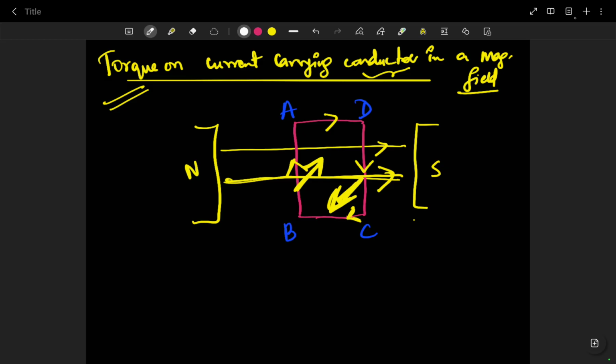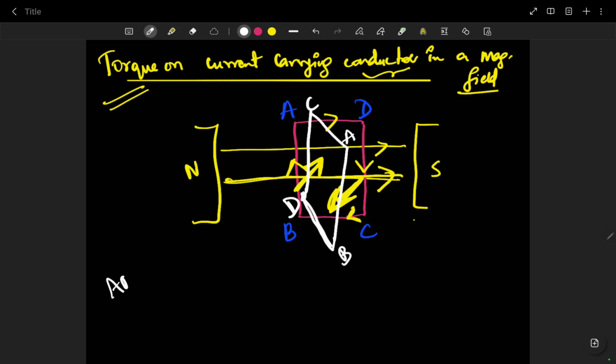It will almost look like it will go inward, right? And when it goes inward, this is how it will look like. I've just tried to draw this right now, correct? So I will just say that your AB has gone inward and CD has come outward, right? So this would be AB, this would be CD, right?